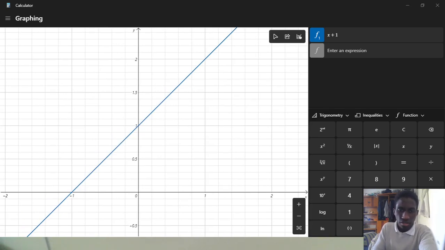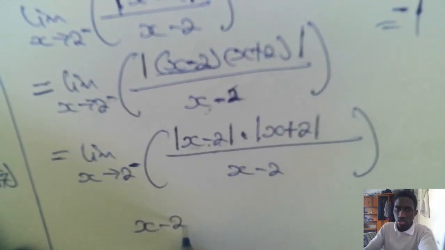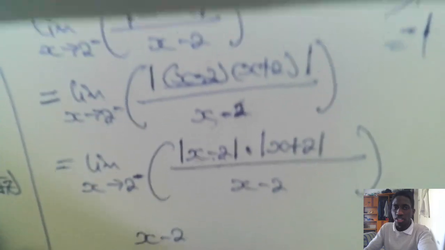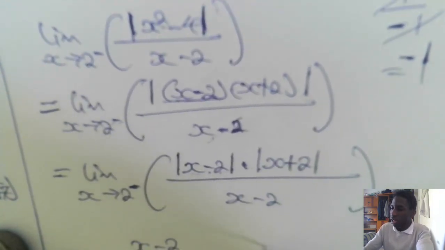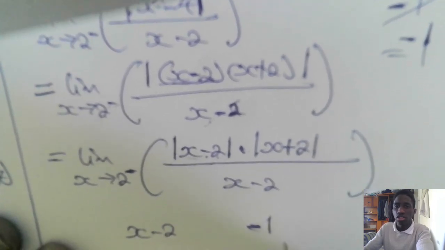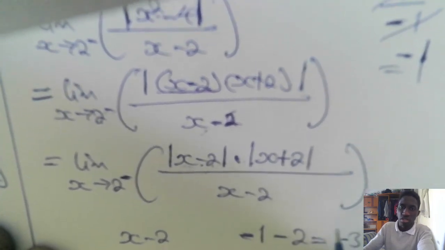For x minus 2, if I put in minus 1 at the point I have x, I have minus 1 minus 2, giving me minus 3.